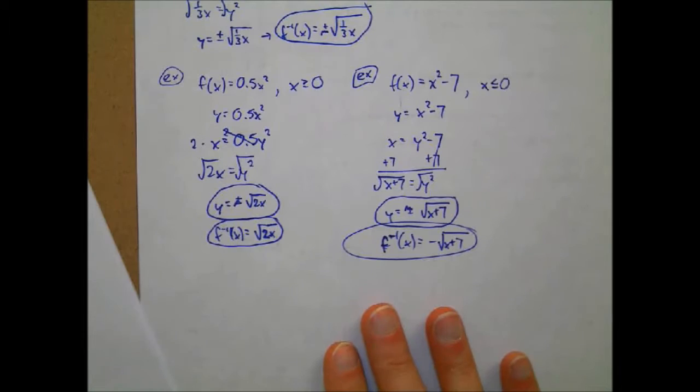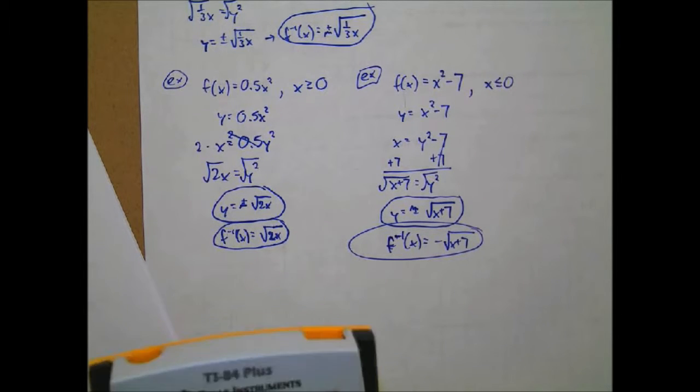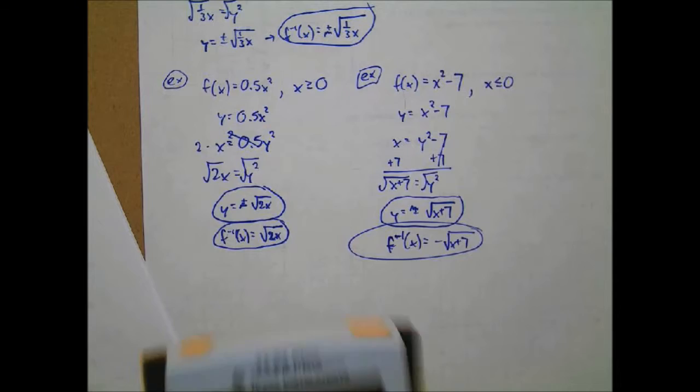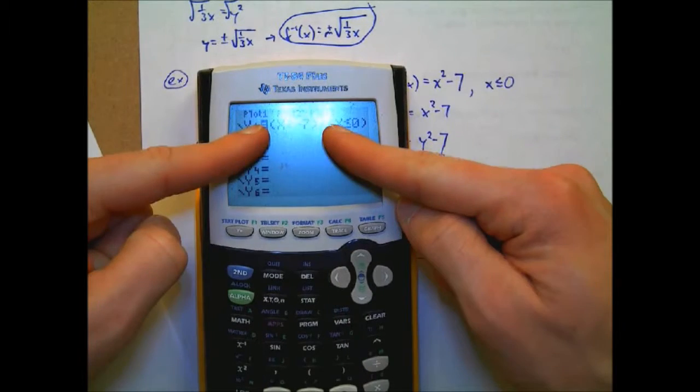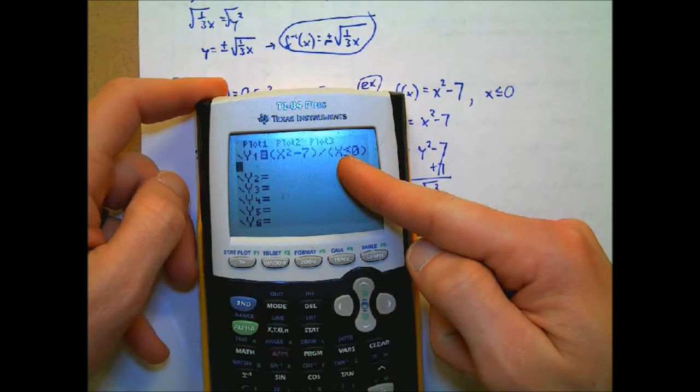And again, our goal there was just to try to get things to match up. I'll show you what this one looks like here too real quick. So let's see here. x squared minus 7 divided by x less than or equal to 0. So again, you can see I'm graphing the original function there, and I'm restricting it for x less than or equal to 0, and there's its graph.